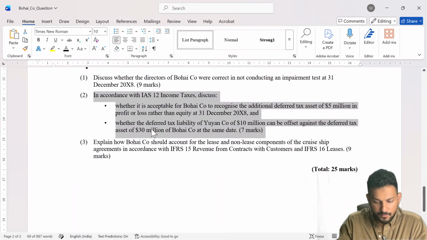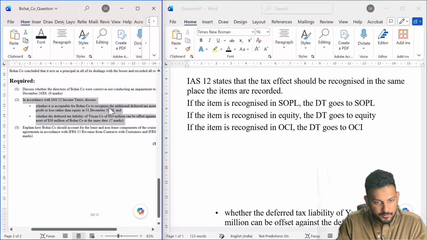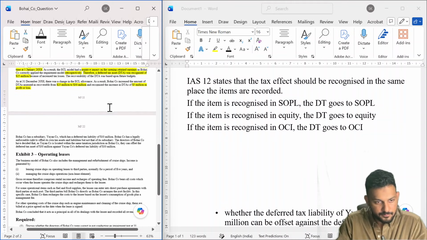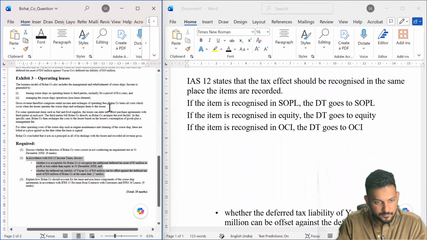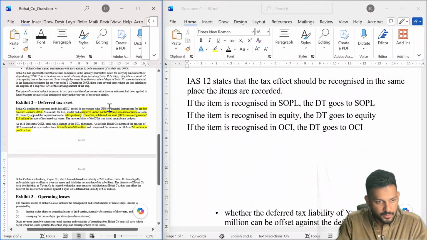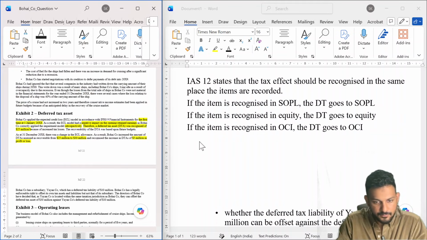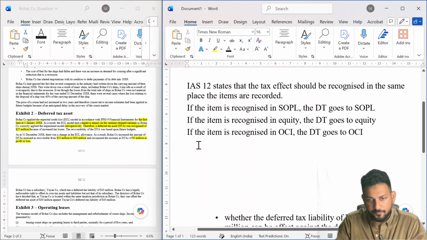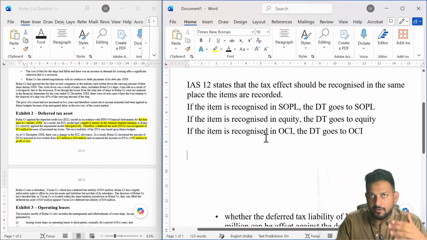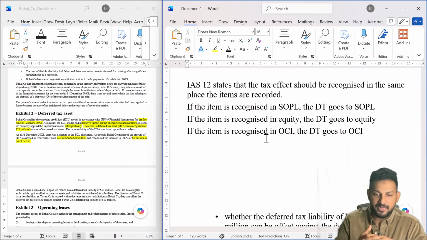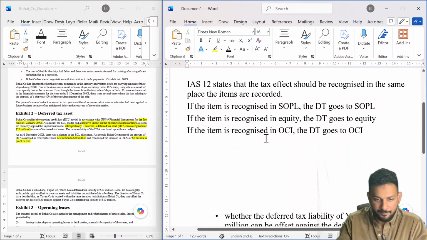Clear? Then next paragraph, because now we are explaining the requirement, so you have to write this in another paragraph. So this is the second paragraph.